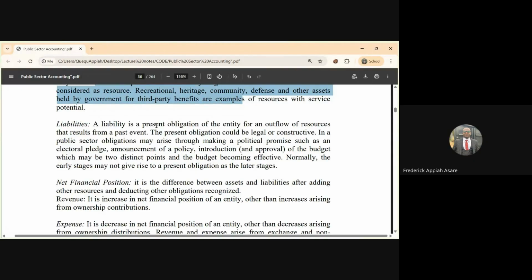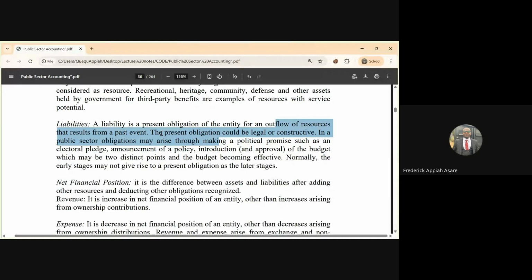Then the other element of financial reporting is liability. And the liability, the opposite of assets, is a present obligation of an entity for an outflow of resources that results from past events. So it's the present obligation, what you owe.